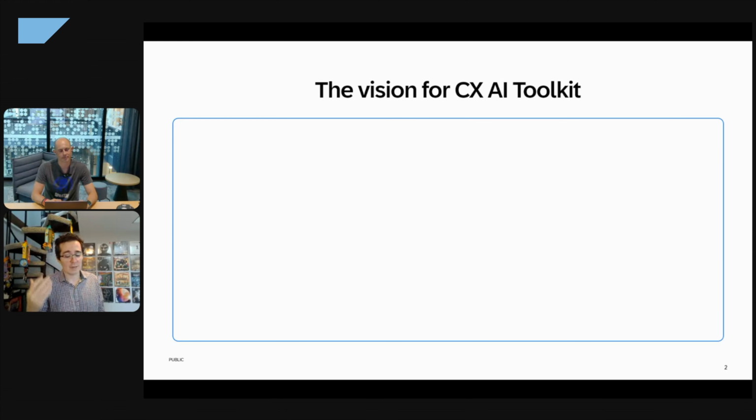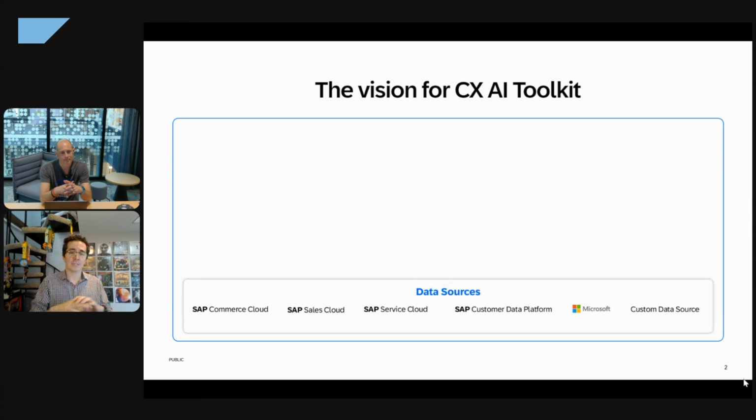One of the first things that we really wanted to explore, and a foundational piece for us, was this concept of bringing in multiple data sources at the same time, right? If you are a salesperson, a service person, a commerce person, you probably have parts of information that are relevant to your job in Commerce Cloud, in your CRM, in your emails, in your OneDrive, in your SharePoint, all over the place, right?